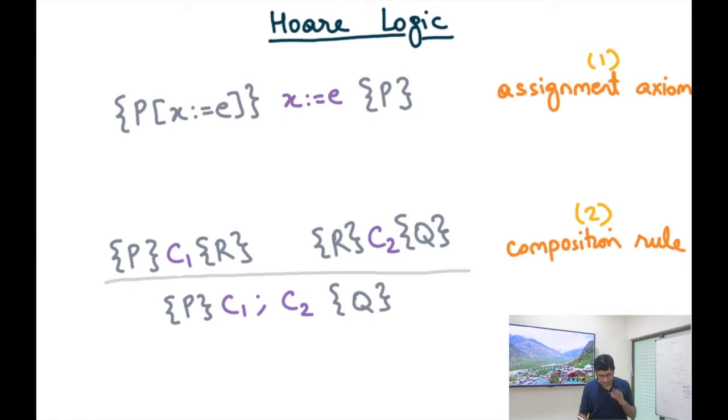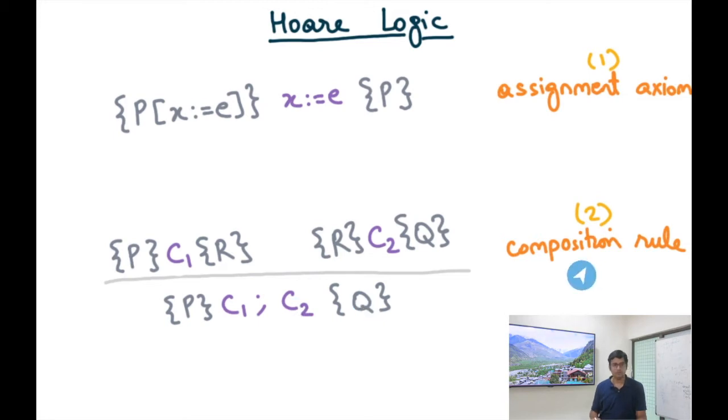Before I look at an example, let me give you another rule for Hoare logic, which is again a constructive rule. I'm saying that if for some statement or program C1, P C1 R holds, and for some other statement C2, R C2 Q holds for some P, R and Q, then I can say that P C1 composed with C2 Q holds.